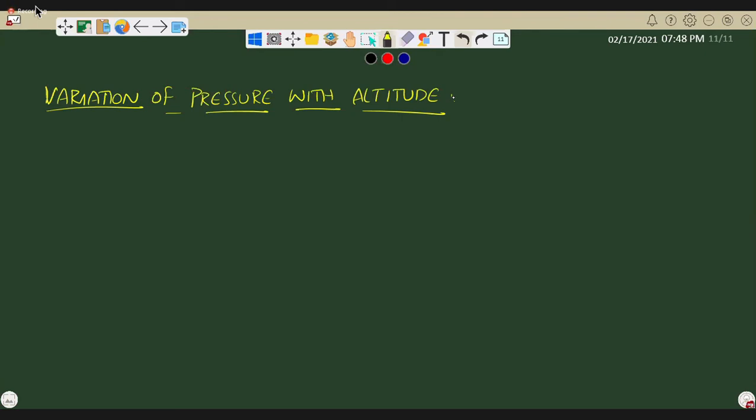That's what we are going to see. Since we are talking about pressure variation with altitude, we are talking mainly of gas. Air, of course, but all the laws of gas can be applied to air, isn't it? Now tell me, what is the relation between pressure, density and temperature?